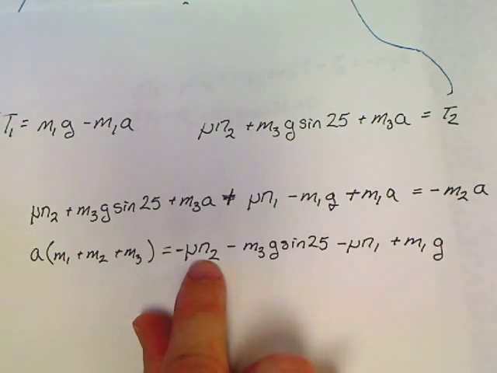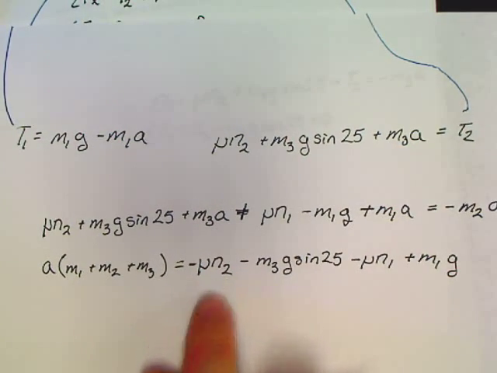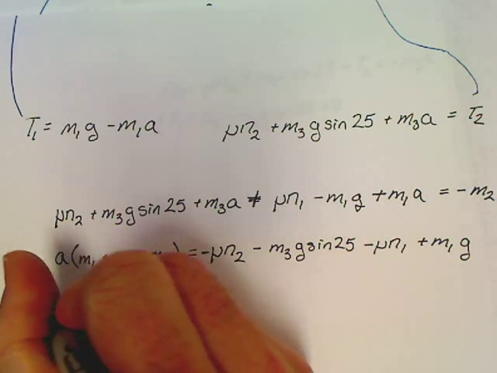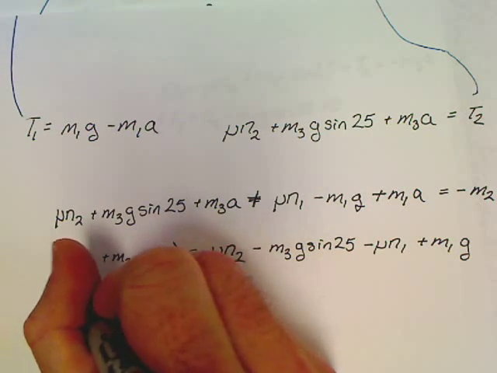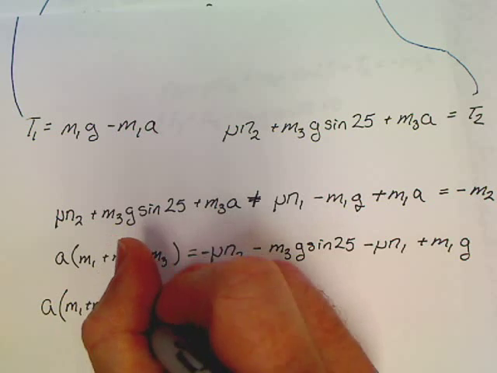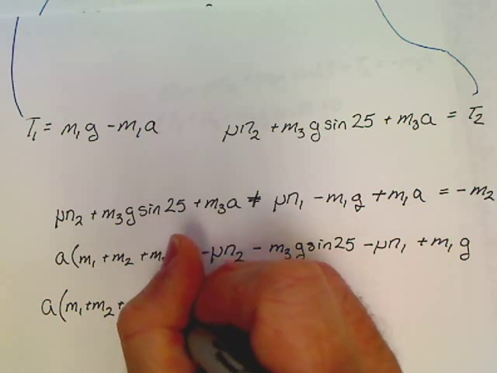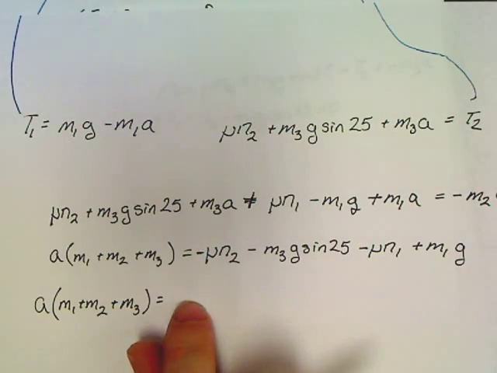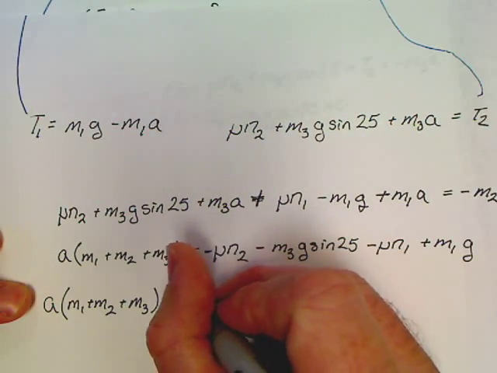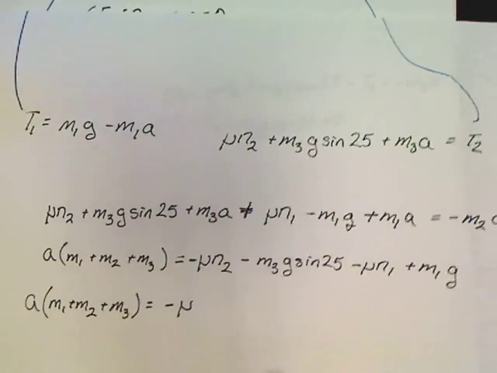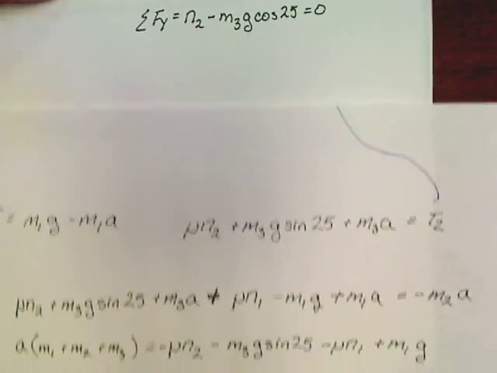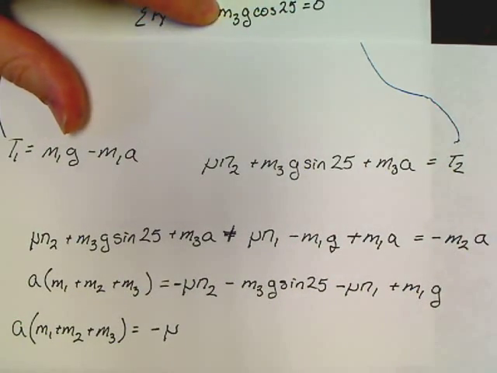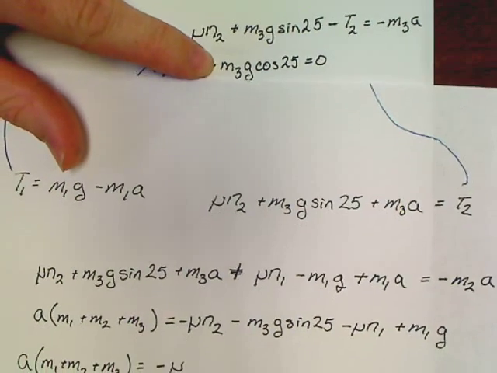Who thought of this? I've still got to plug in my N's. A times M1 plus M2 plus M3 equals, on the other side, negative mu N2. N2 is M3G cosine 25.